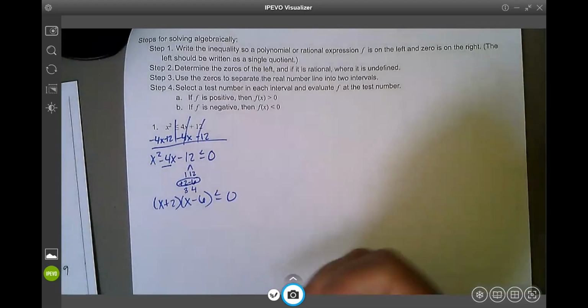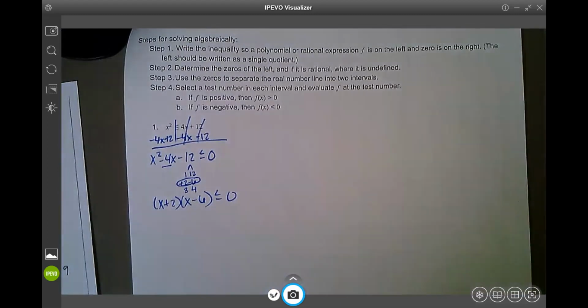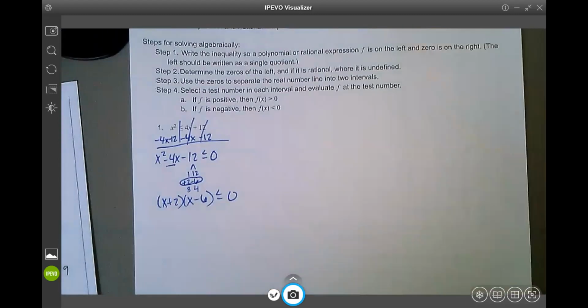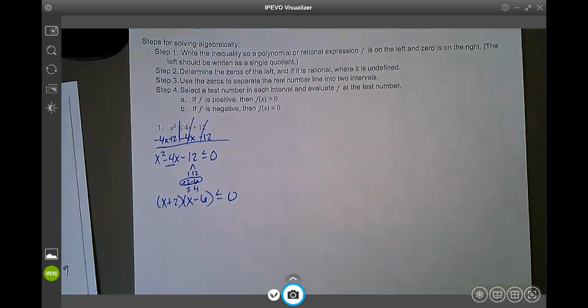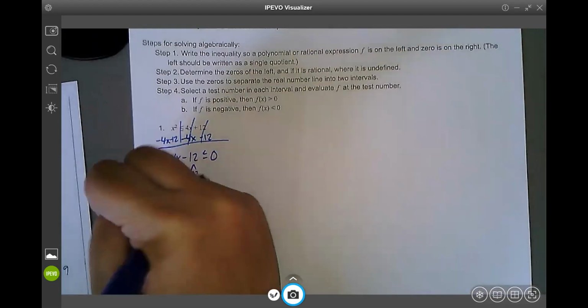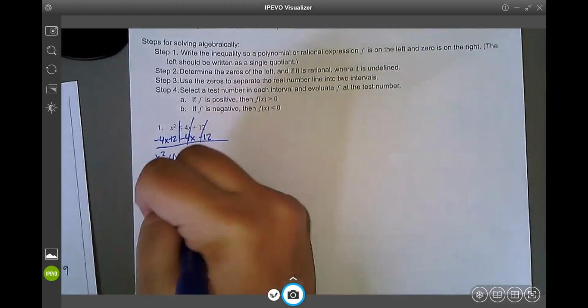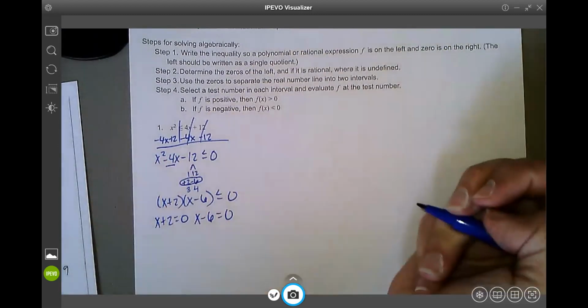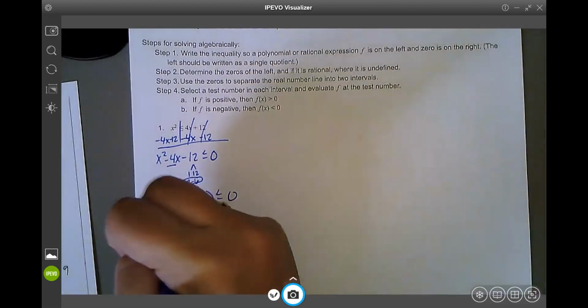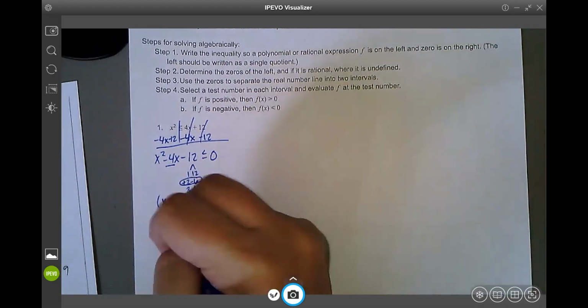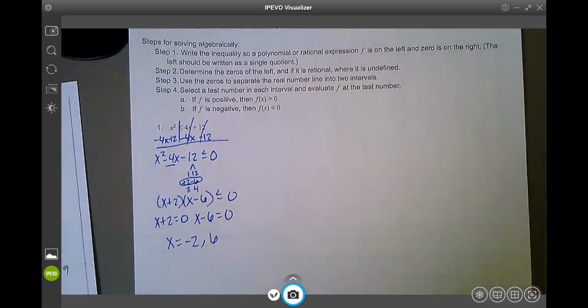So then I'm going to use the zero product property to find my points here that are important, my directional changes, my positive and negative changes, my x-intercepts. So I have x plus 2 equals 0 and x minus 6 equals 0. I get my x-intercepts to be -2 and +6.